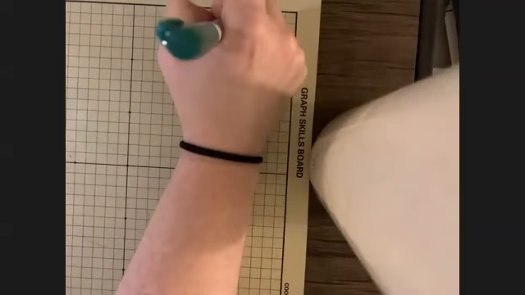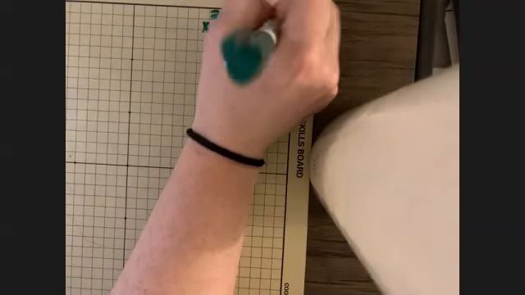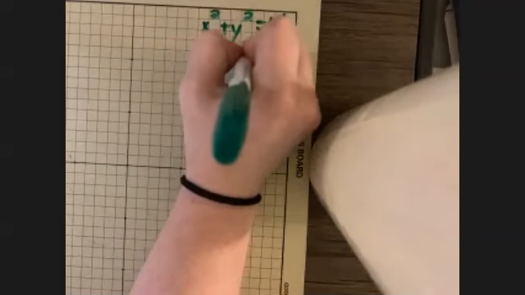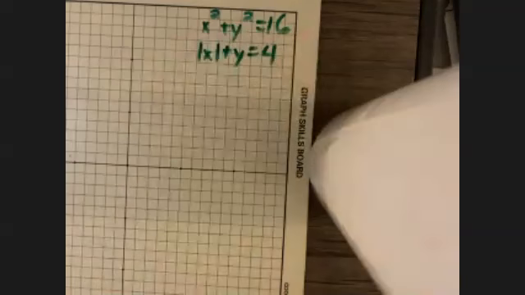Sometimes it just makes a little bit more sense and it is helpful to do that, okay? So if we were going to look at the equations, x squared plus y squared equals 16, and absolute value of x plus y equals 4, okay?